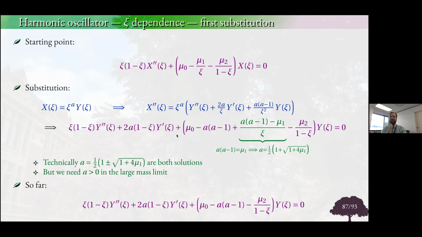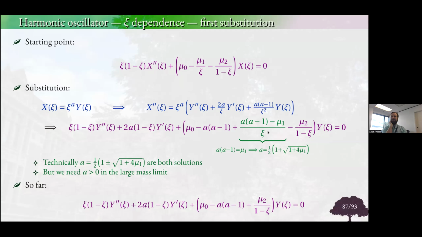And you can gather terms that go as 1 over xi. One of them from the second derivative of x comes from this term, which is multiplied by the xi here. You get an a times a minus 1, and in order to cancel the 1 over xi term, we need a times a minus 1 to equal mu1. So that's how you determine what a is.